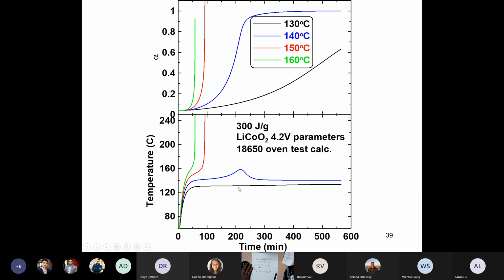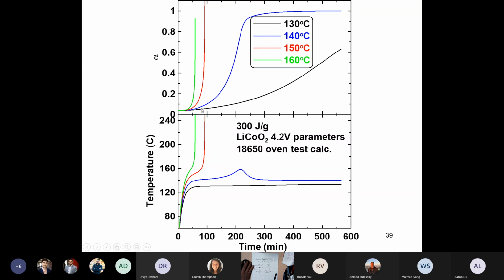If the oven's set at 130, you put the cell in the oven, perfectly safe for a long period of time, 10 hours. At 140 degrees, you'll see a peak in the self-heating. And at that point, this should be U. I used to call it alpha.